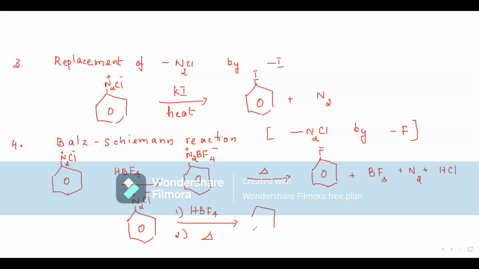Then just copy the products: fluorobenzene, BF3, nitrogen, HCl. You can skip the intermediate formula if you find it difficult to remember. Just write number 1, HBF4, number 2, heat. Okay, that is about replacement of N2Cl group by fluoro group.